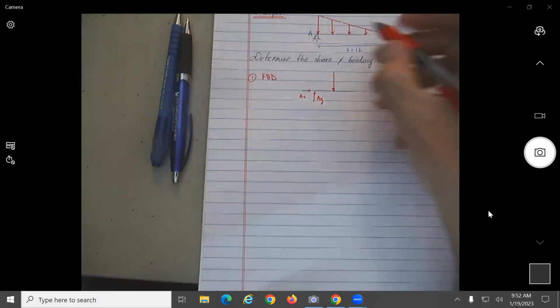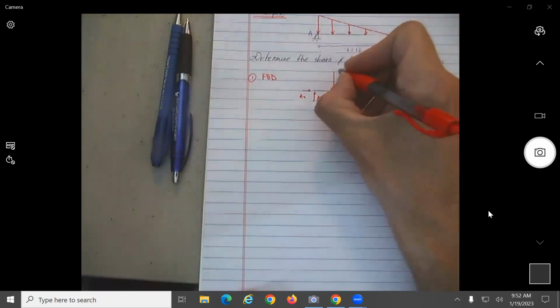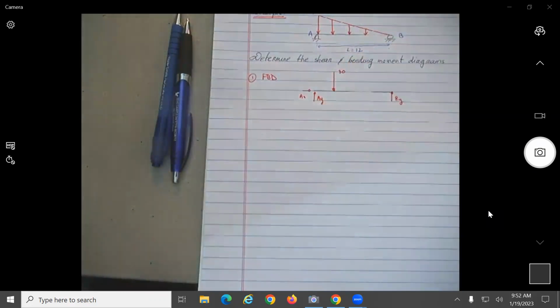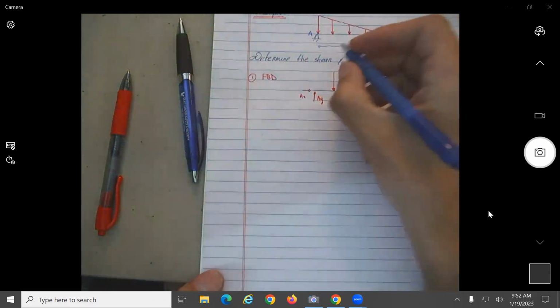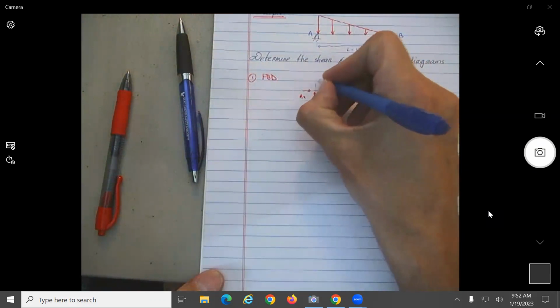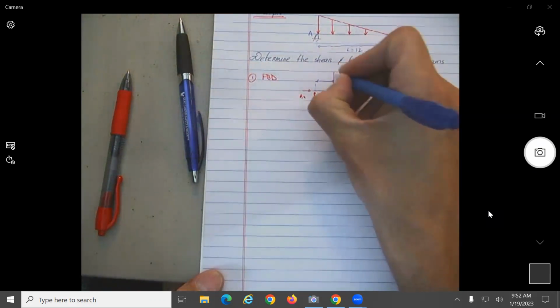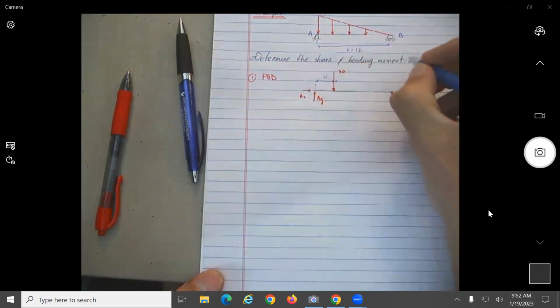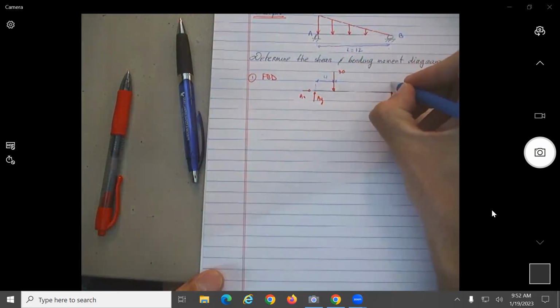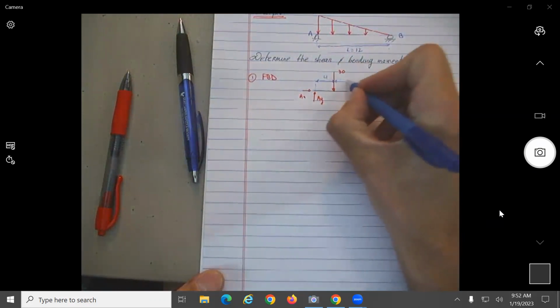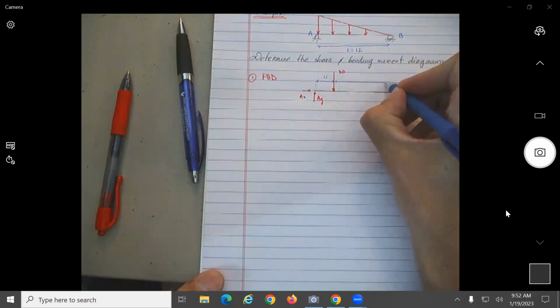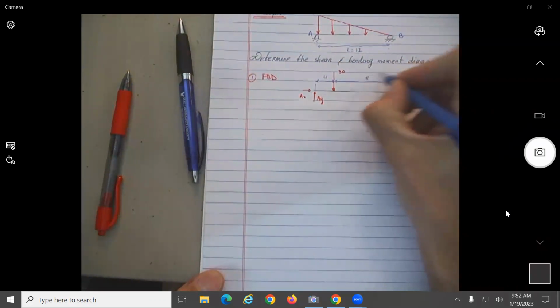So this would be 5 times 12, that's 60, divided by 2, 30. And we said it should be at one third from this end, or if we look from here, 8.